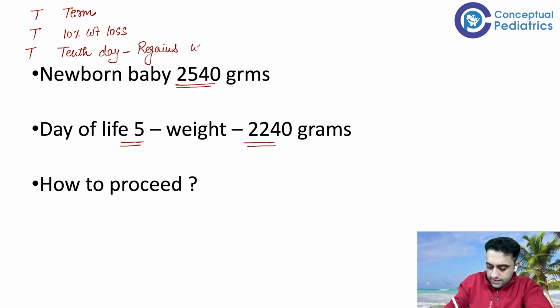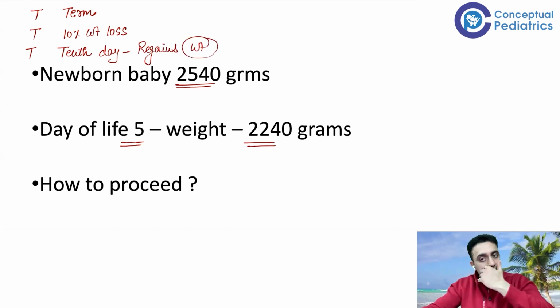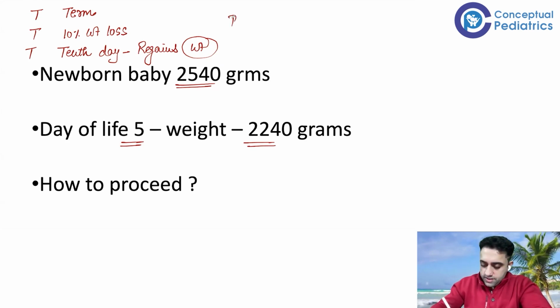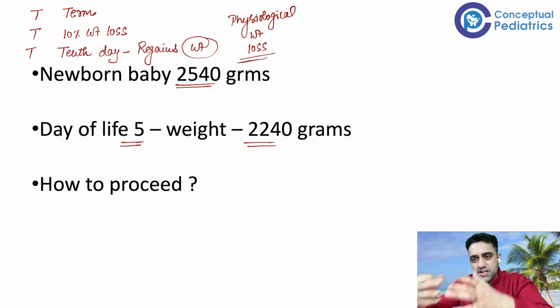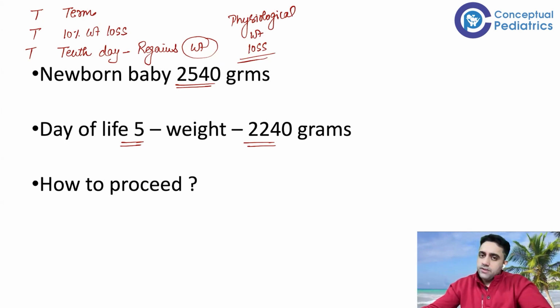A term baby will lose 10% of body weight in the beginning 10 days, and by the 10th day the baby regains the weight. This is known as physiological weight loss, because of the extra renal losses, extracellular losses. This basically happens.